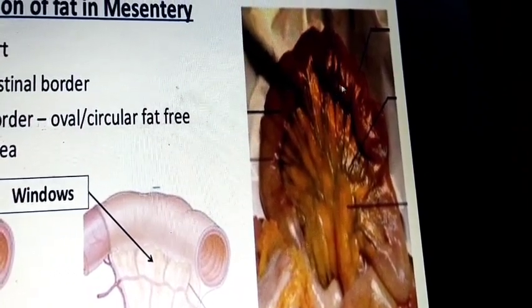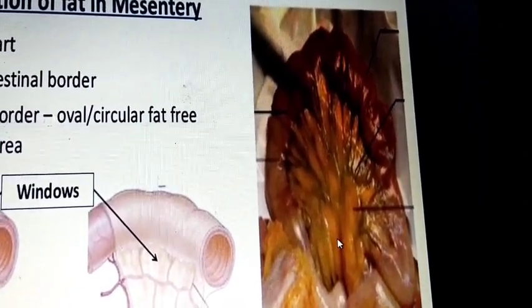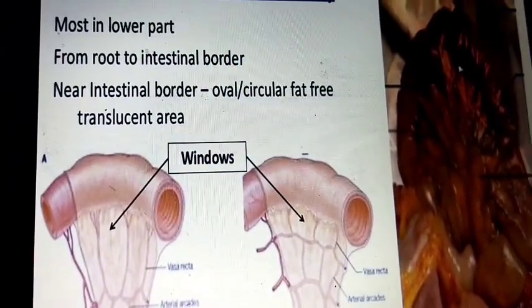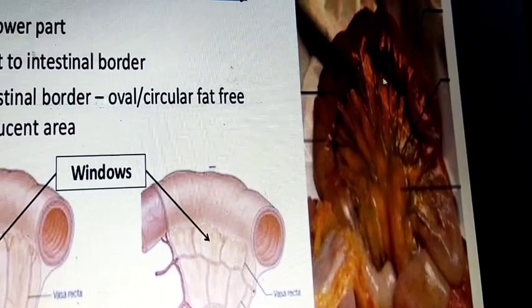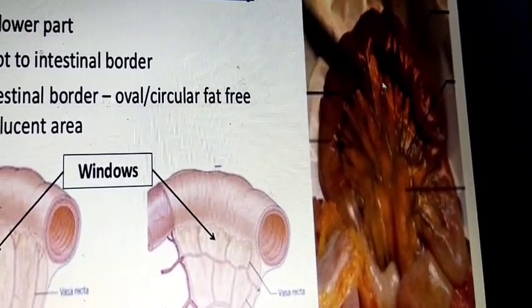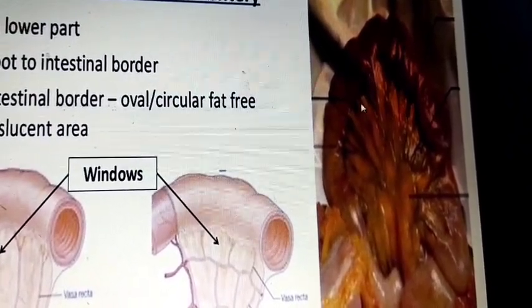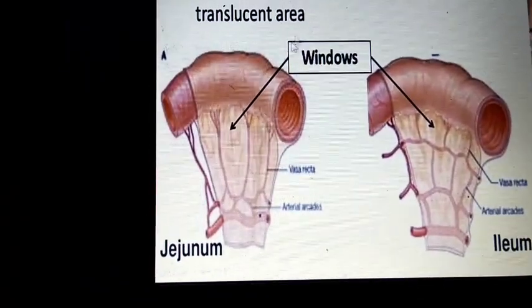Near the intestinal border you can see oval or circular areas lacking fat, which are transparent, and that part is called a window. You can see here in this picture.